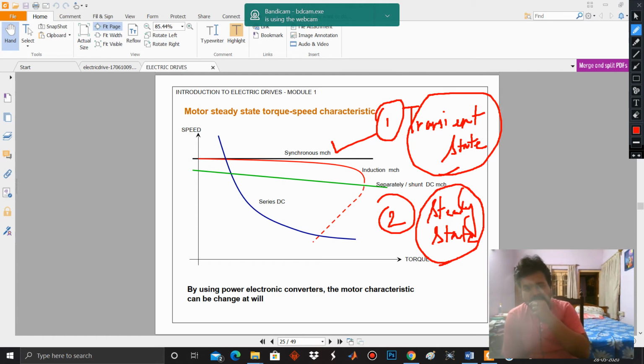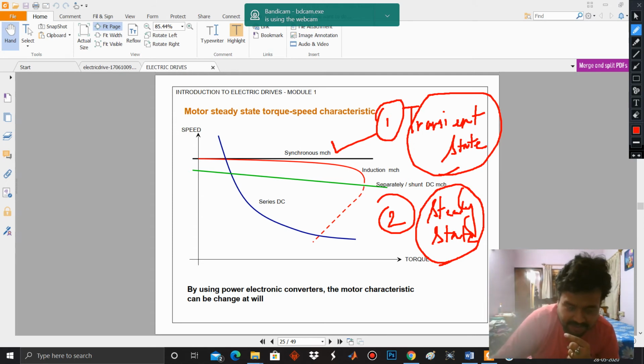But yes, you can alter the speed, that is the rotor speed, but for that you have to make the speed of the rotor at all times equal to the speed of the rotating magnetic field. And for that you need a cycloconverter.